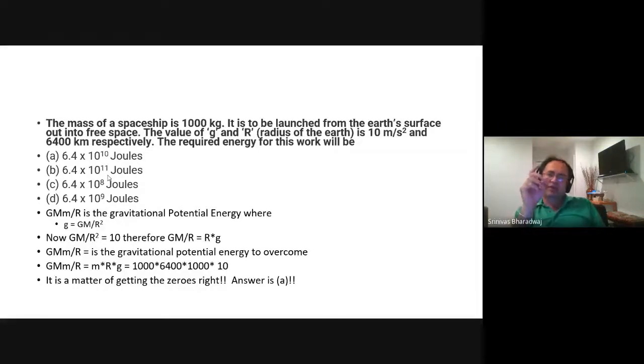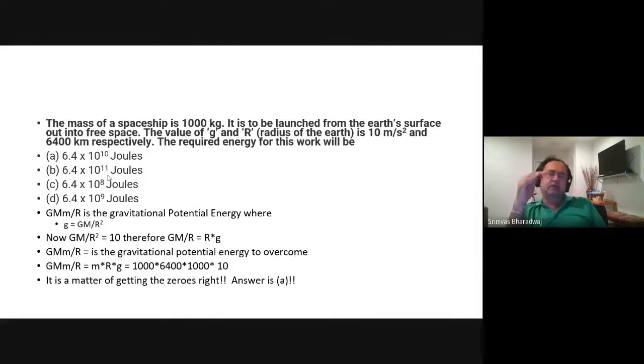Notice that as you go further and further away, your potential energy becomes lower and lower. What do we mean by that? It should be higher and higher, because if you are sitting on the Earth's surface, potential energy should be the least.